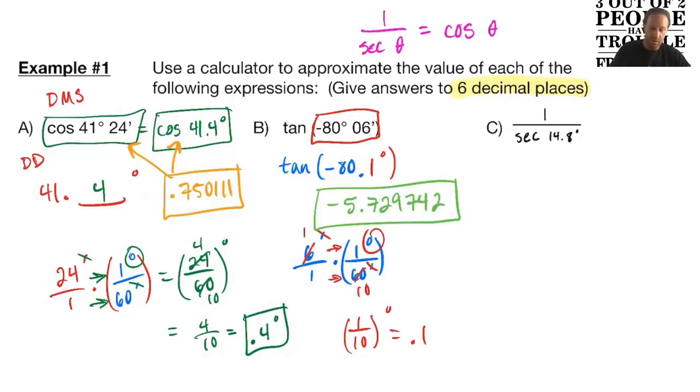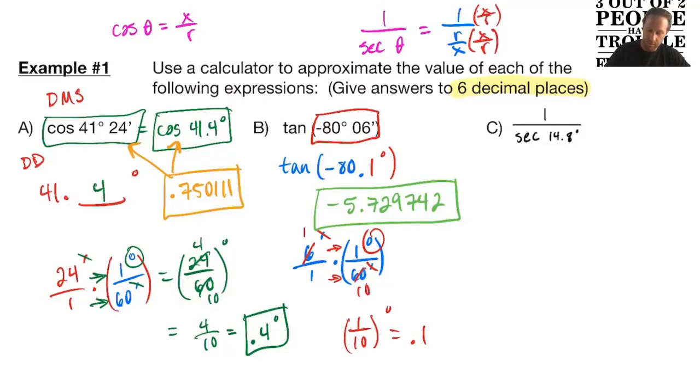So again, if you aren't sure about that, remember cosine is always equal to the x over the r, and secant is equal to r over x. So I actually have 1 over r over x. And if I wanted to get rid of the fractions within fractions here, we could multiply by its reciprocal, which would be x over r.